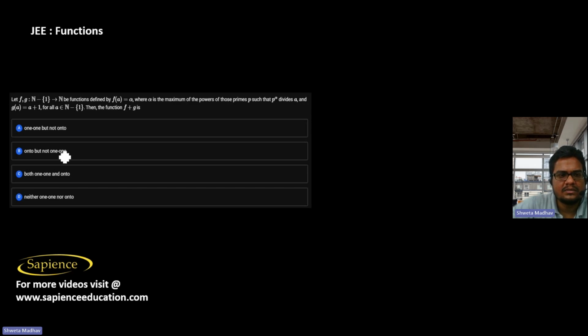Then here it is told let f comma g map from N minus 1 to N be functions defined by f of a equals alpha, where alpha is the maximum of the powers of those primes p such that p power alpha divides a, and g of a is equal to a plus 1 for all a belongs to N minus 1.